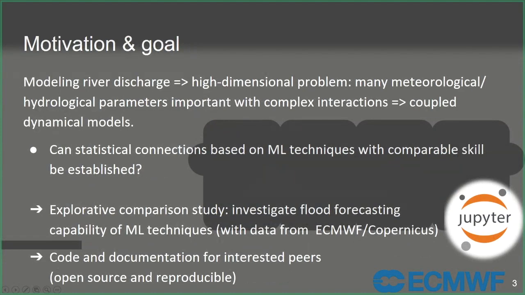And so the goal is, first of all, it's a very explorative, experimental study. So we do not have very specific set out goals. Our goal was to try a bunch of different machine learning techniques and see where they are different, what the gain is, and whether we benefit from them. And the second, accompanying goal is to make everything open source and reproducible.